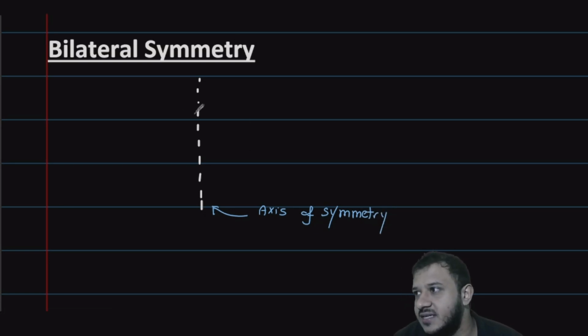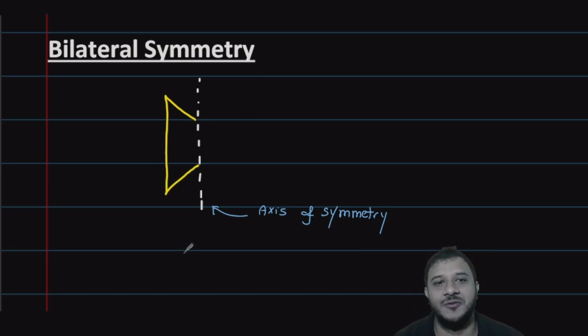Let's say under this axis of symmetry, there was a figure going like this. And they are telling us, okay, draw the other side of this shape, so the axis of symmetry will bilaterally be symmetrical to this figure.